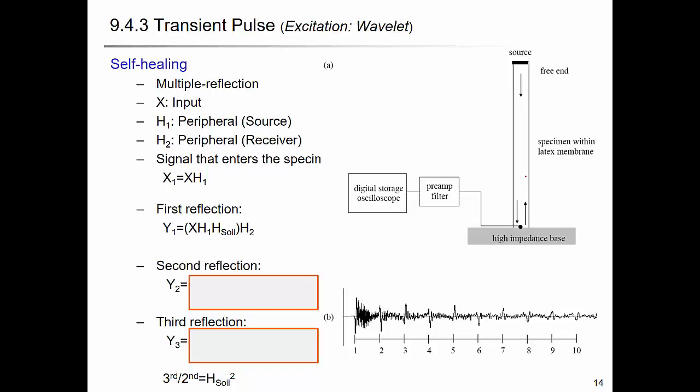Here you have a long soil column, and you can apply the impulse at the top, and the wave will transmit through the soil specimen, and then if you have the high impedance base, like a steel base, then this will be reflected, and you get the inverted signal, and then you have another reflective signal coming, and then again it's inverted so that you have the positive signal, and then negative, positive again.